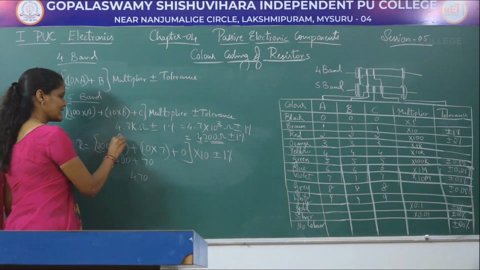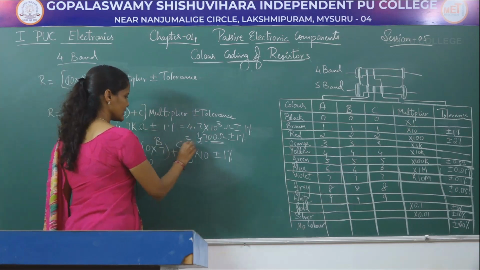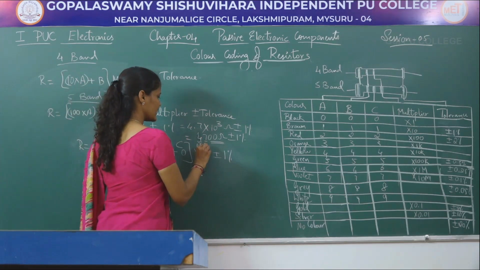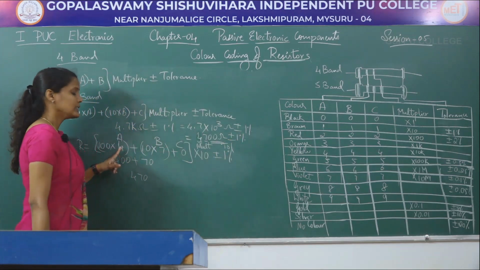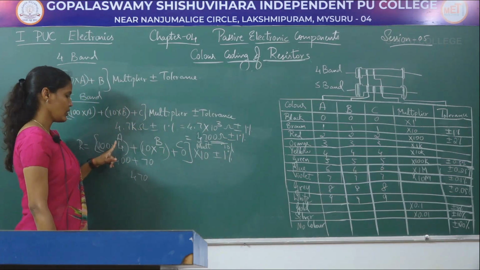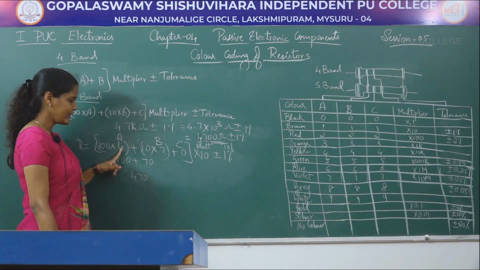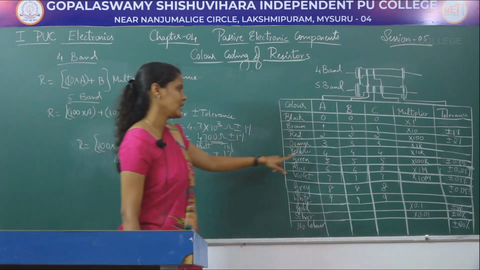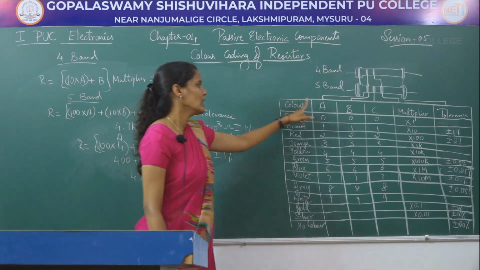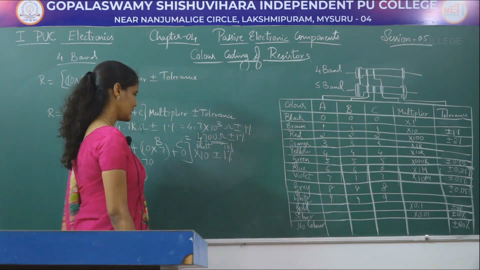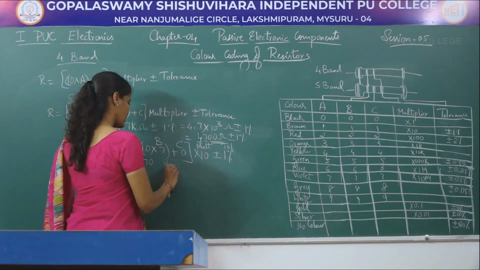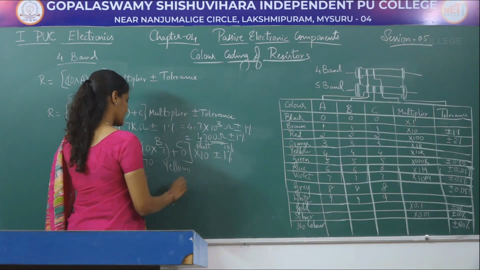So this is A, this is B, this is C, this is a multiplier, and this is the tolerance value. Accordingly, the color code of A, which is having a numerical value of 4, is equal to yellow. So yellow is the first color.